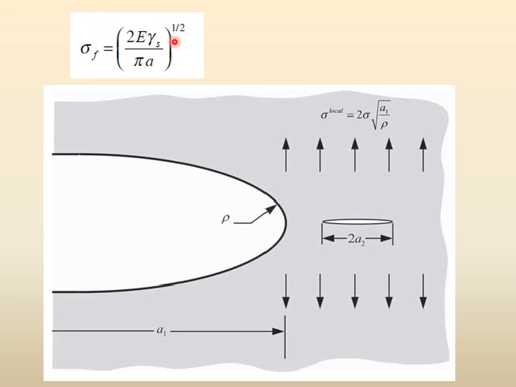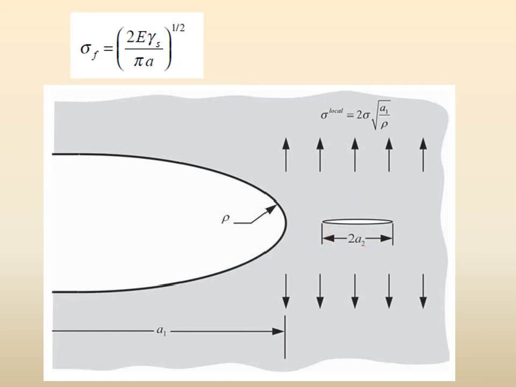So this is the Griffith equation, and this is the situation in the diagram, that there is a macroscopic crack with radius of curvature rho and with half length A1. But rather than this, the micro crack is here, and the micro crack diameter is 2A2 or radius A2, yes, but this is circular. This is circular, right?